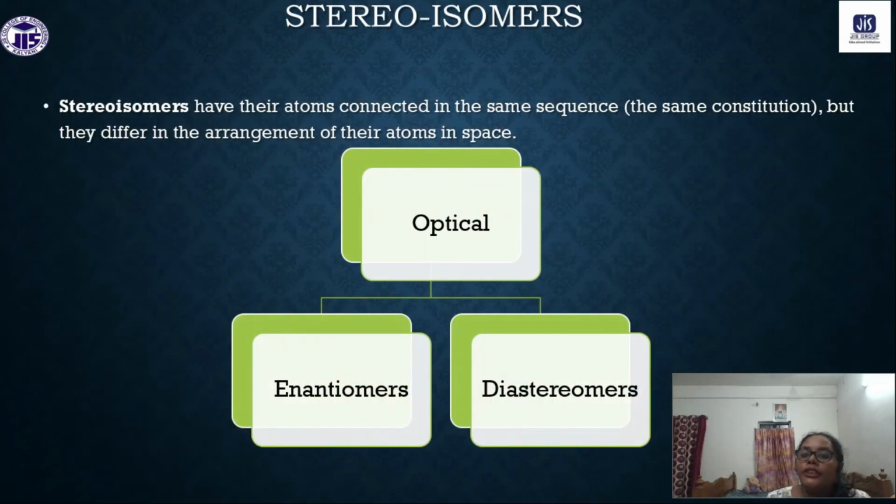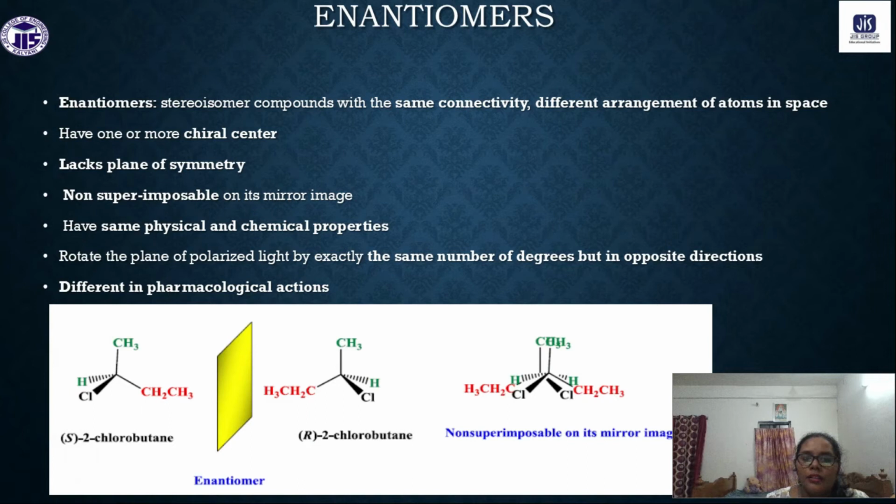Now stereoisomers are again of two types, enantiomers and diastereomers. These are some examples of enantiomers. Enantiomers are stereoisomers that are non-superimposable mirror images.